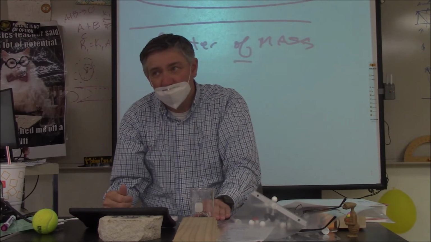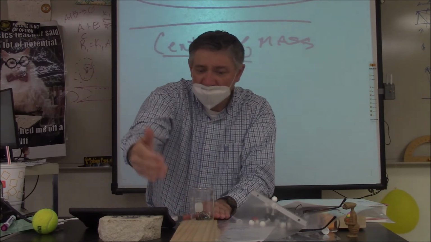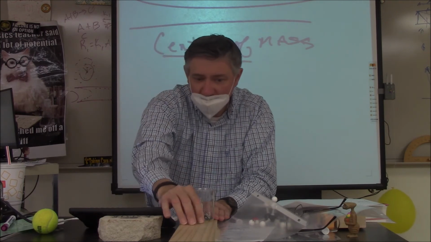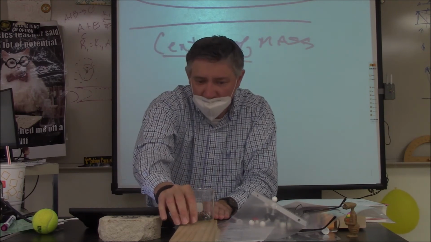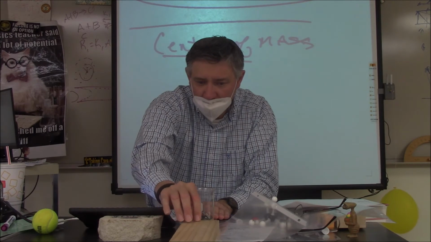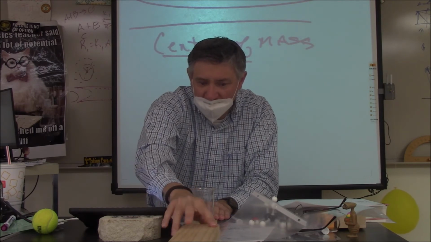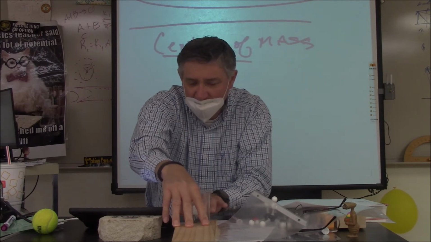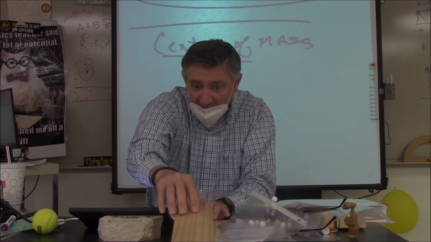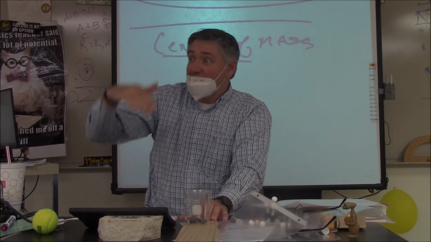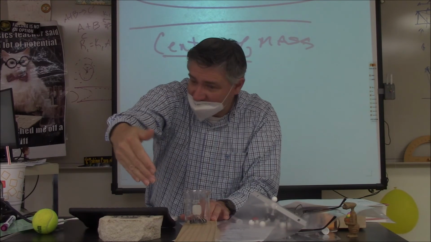It's going to go further. Yeah, it'll go further out because I've shifted that center of mass more towards this side. Okay? So now with this one, I can't even make it go far enough without the center of mass of that one falling off the edge of the earth.